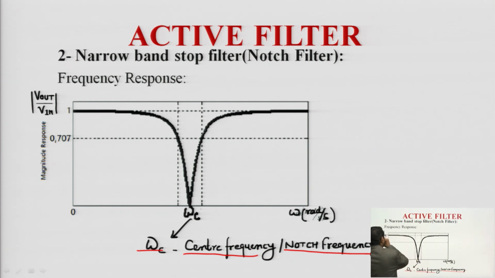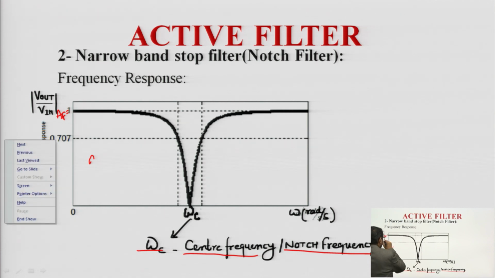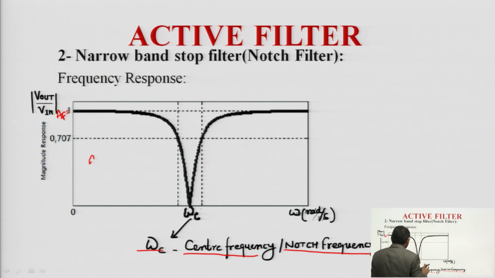AF gain magnitude, if you consider Vout by Vin, AF is almost 1, and this is 0.707 at the cutoff frequency, the gain value at the cutoff frequency. Okay. These two are the cutoff frequencies here and here. And this is to show the frequency response of a notch filter.